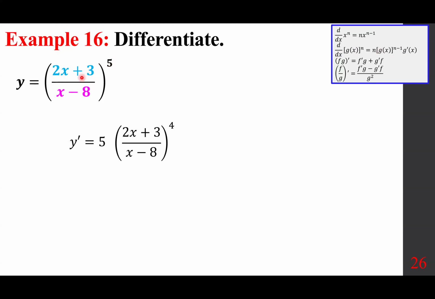And then g prime, the derivative of the inside. Now this is a fraction that can't be simplified, and we have to use the quotient rule on that. Therefore, we are going to call it f over g. So we need f prime g minus g prime f over g squared here.